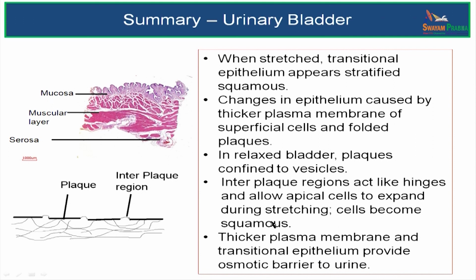So, when the bladder wall is stretched, the cells become squamous. Please note that the thicker plasma membrane in transitional epithelium provides an osmotic barrier to urine, and hence this epithelium is called waterproof epithelium.